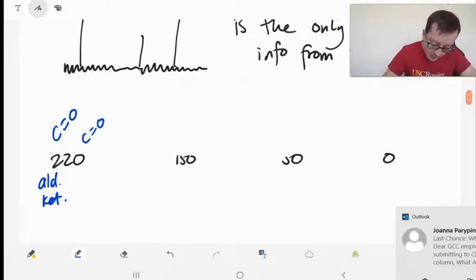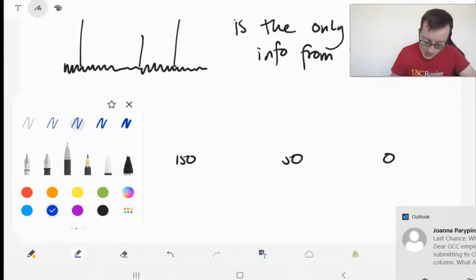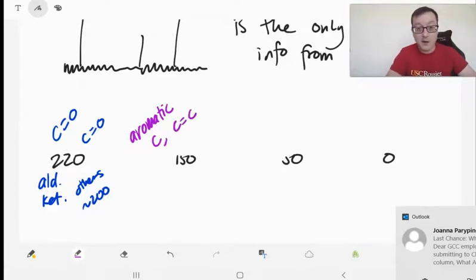You have your other C=Os around 200, 190, 180, thereabouts. Between 150 and 170-ish, you have aromatic carbons or double bonded carbons. Those all show up around 150 to 170, thereabouts.